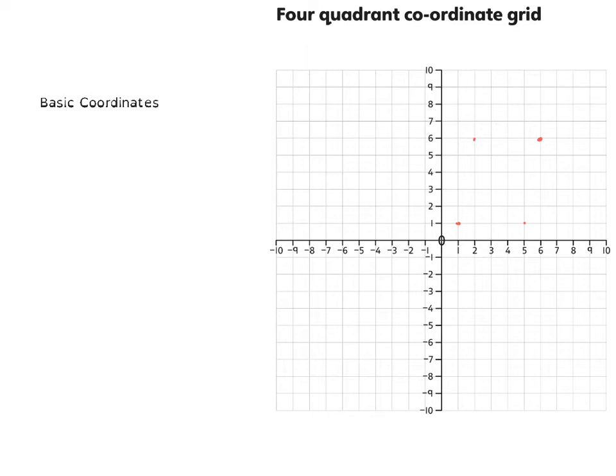I'll start again. We have 4 red dots here, and they're on a grid. A grid is just where we use numbers and squares to identify where things are, to identify the position of things.